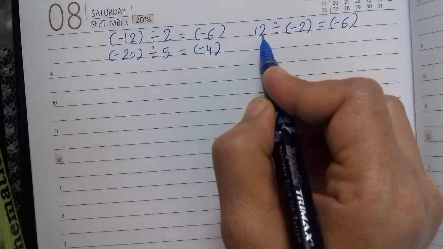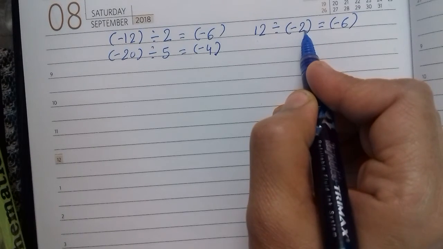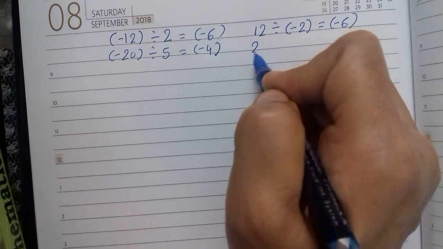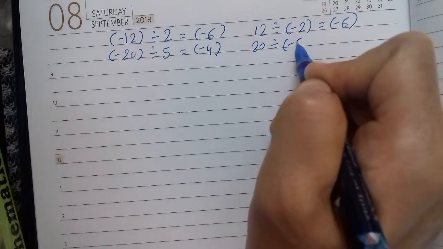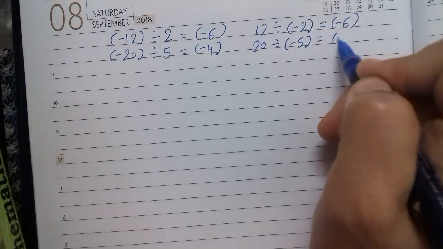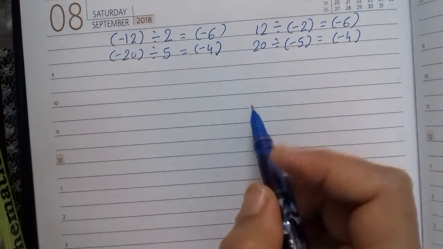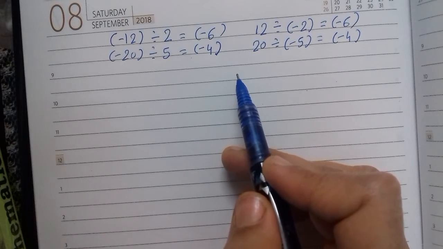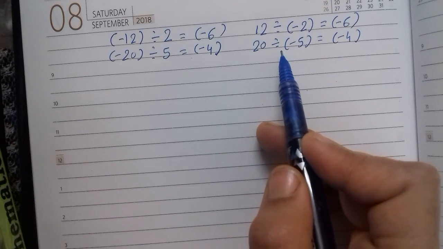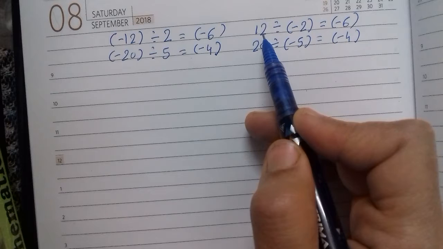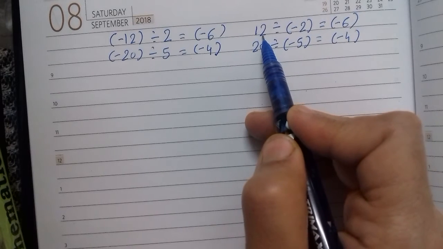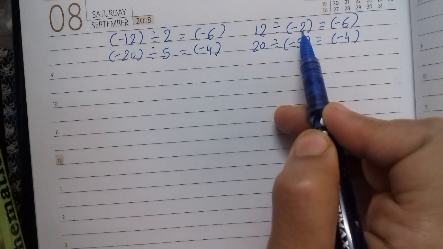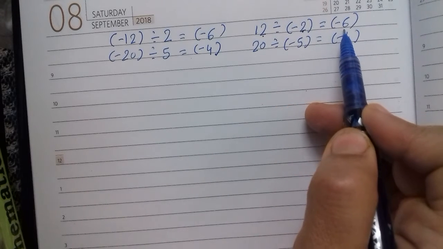Here one positive integer and one negative integer. 20 divided by minus 5 is equal to minus 4. So here we can say that when we divide a positive integer by a negative integer, we get a negative integer.